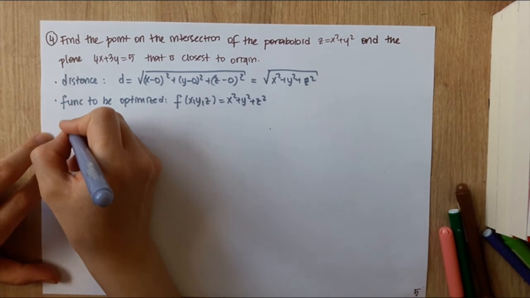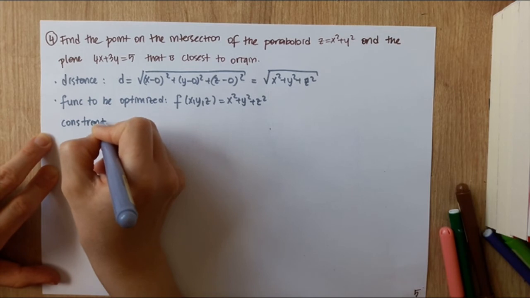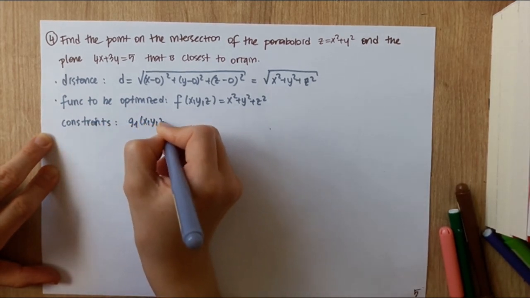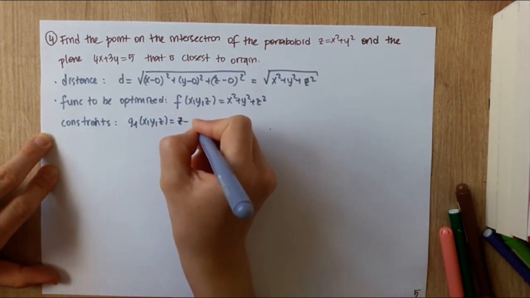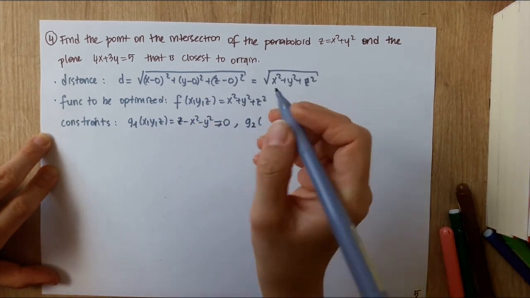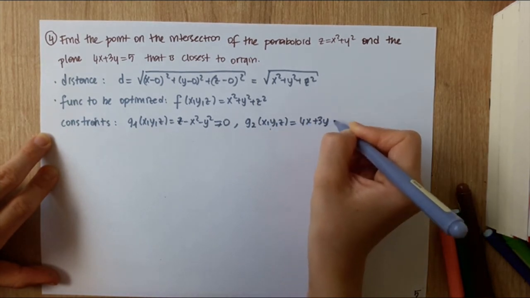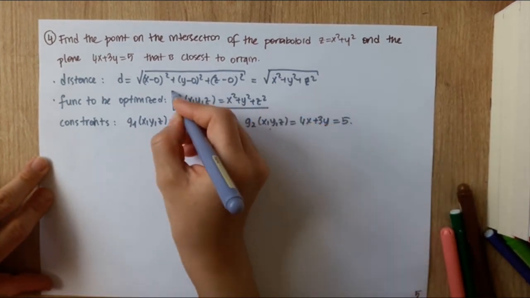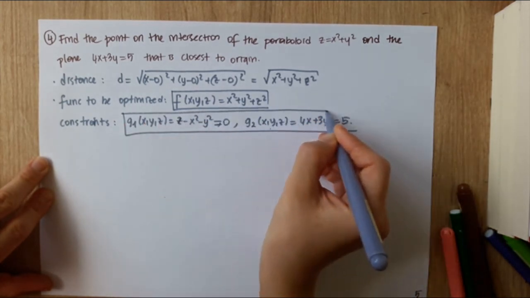Okay, and the constraints, here we have 2 constraints. g1 of x, y, z equals z minus x squared minus y squared, which is 0, and g2 of x, y, z equals 4x plus 3y equals 5. Okay, so we have the function to be optimized, and we have 2 different constraint functions here.